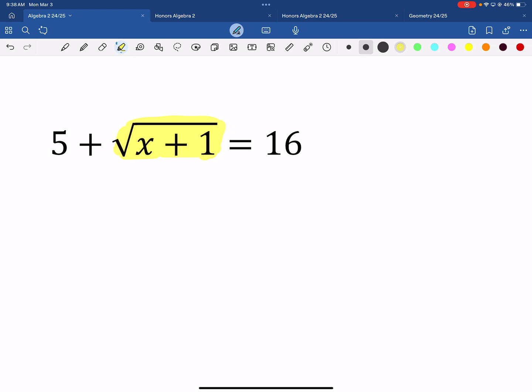I need to get everything except the square root of x plus 1 to the other side of the equation. I've got 5 plus; that plus doesn't really mean anything, but I've got 5. So this means I need to subtract 5 from both sides of the equation.